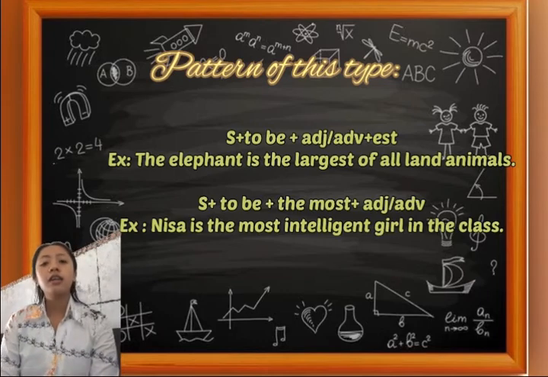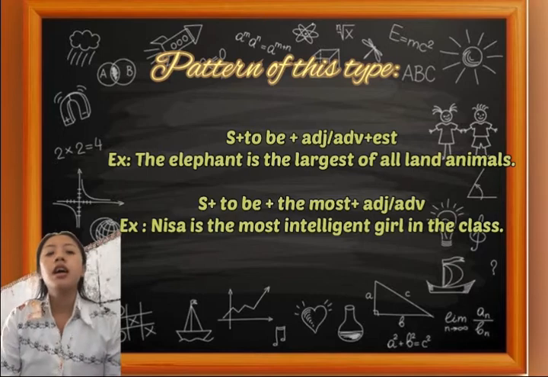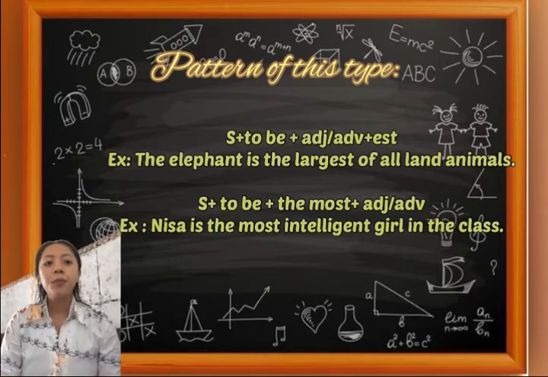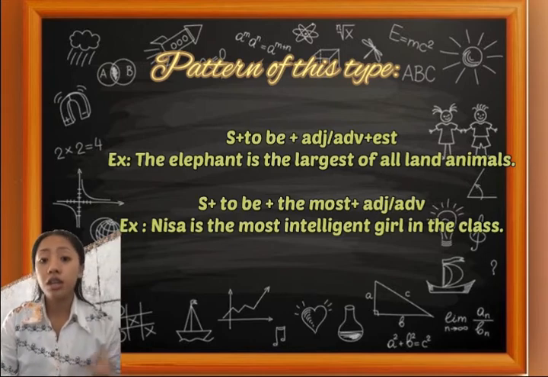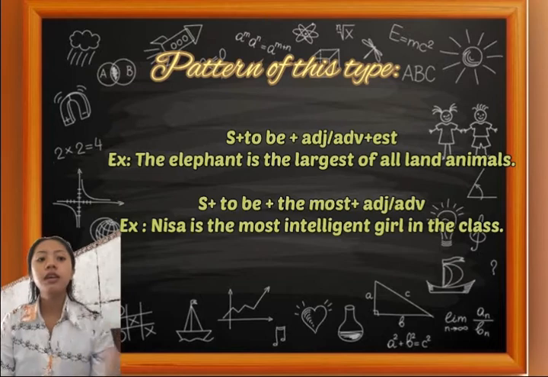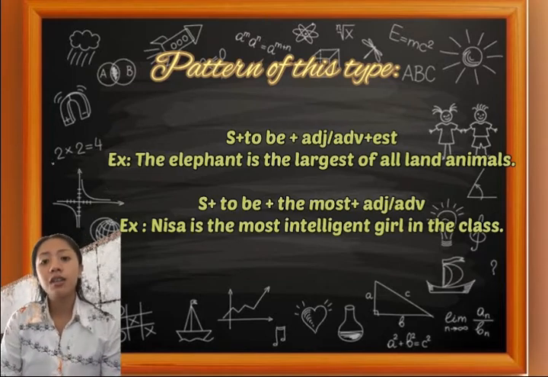And the second pattern of this type is subject plus to be plus the most plus adjective or adverb. And the example of this pattern is Lisa is the most intelligent girl in the class.